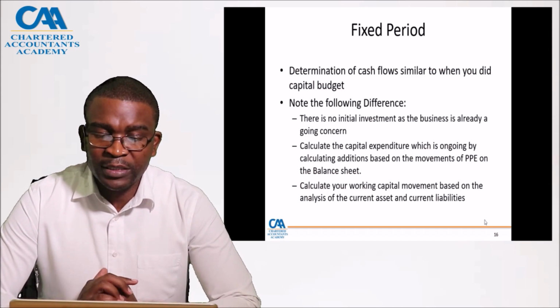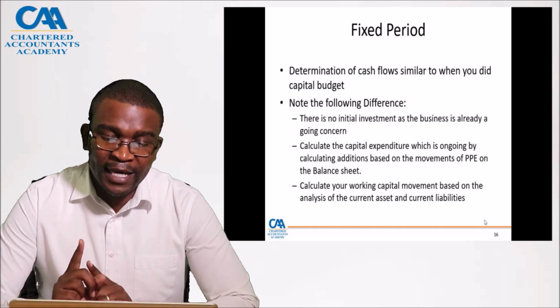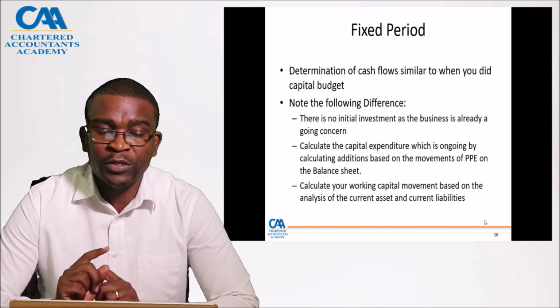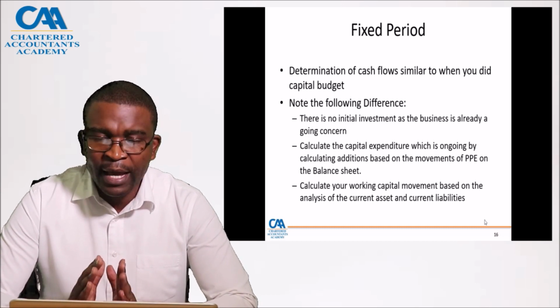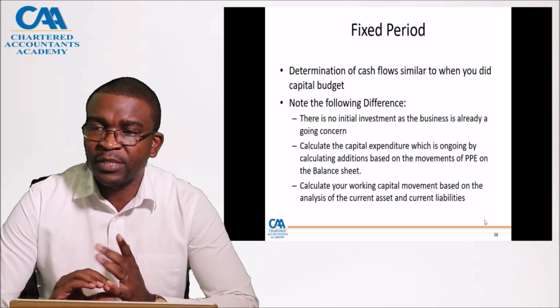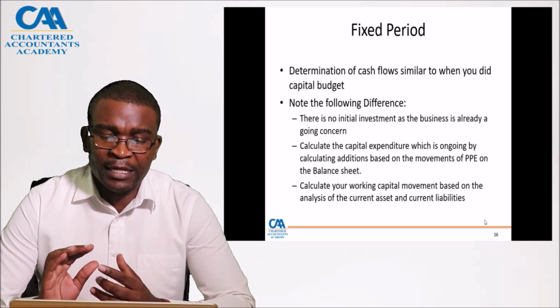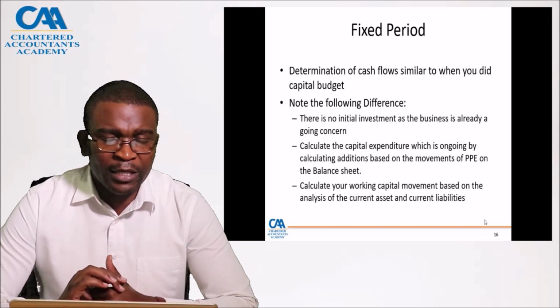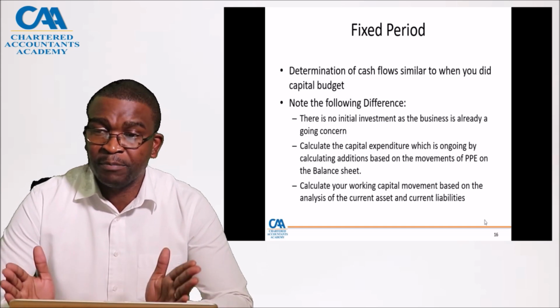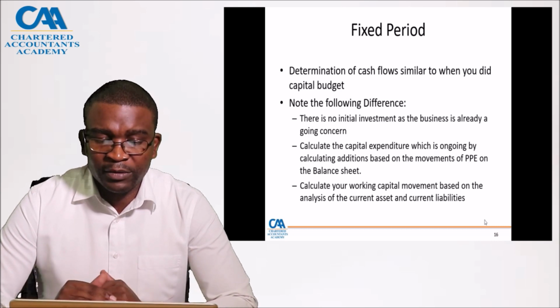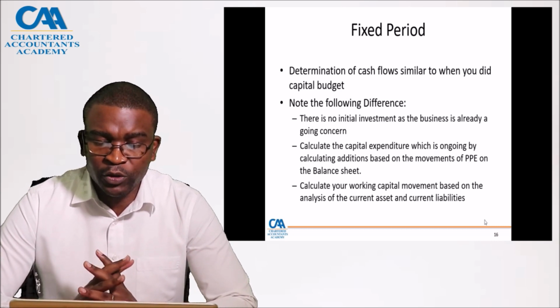For the fixed period, the determination of cash flows is similar to when you did your capital budgeting. So here, the principles around looking for cash flows, the growth in cash flows, using inflation, treatment of taxes, all these principles will become the same for this fixed period. Now, these are just some differences that I want you to take note of.